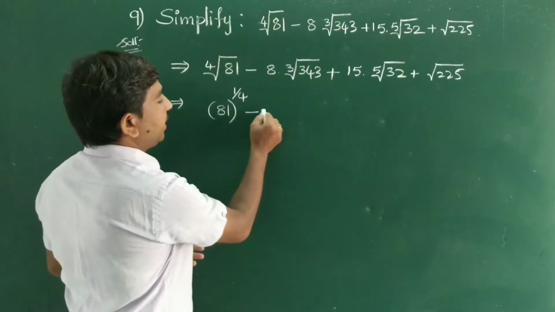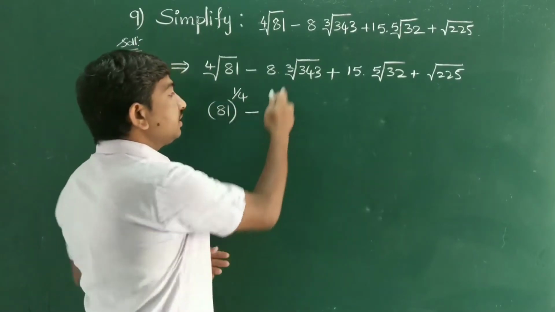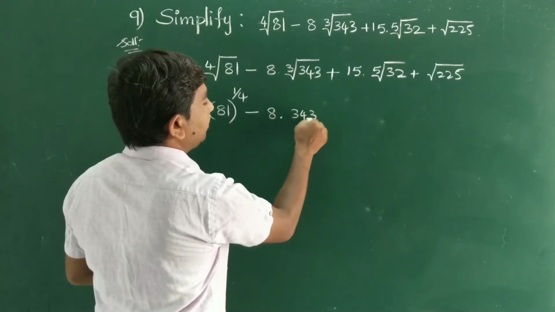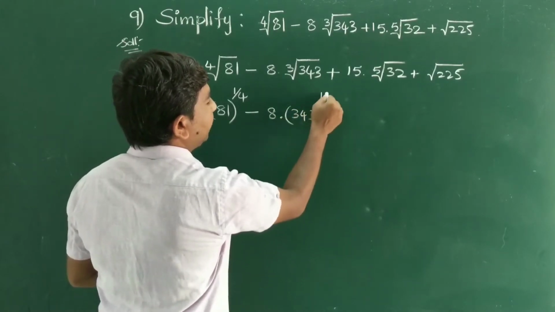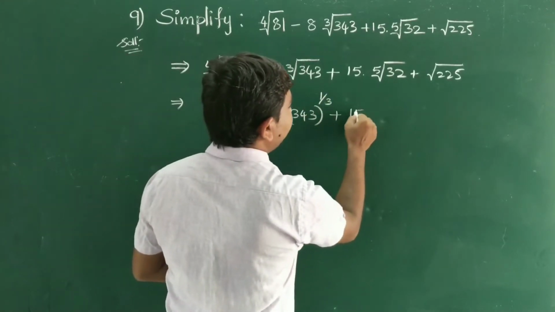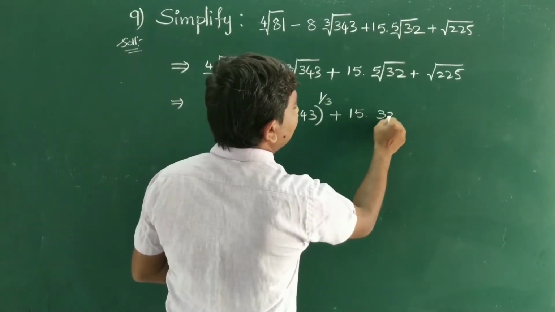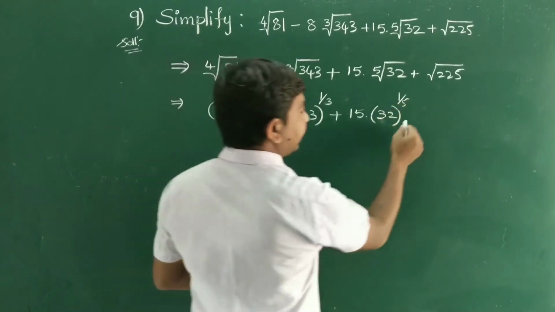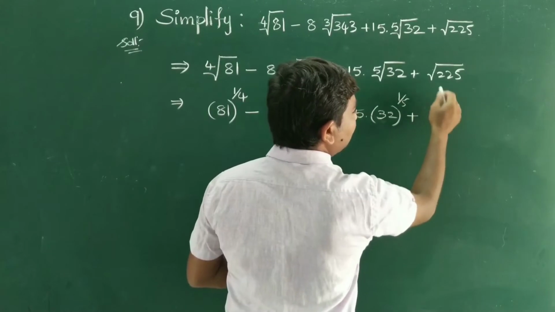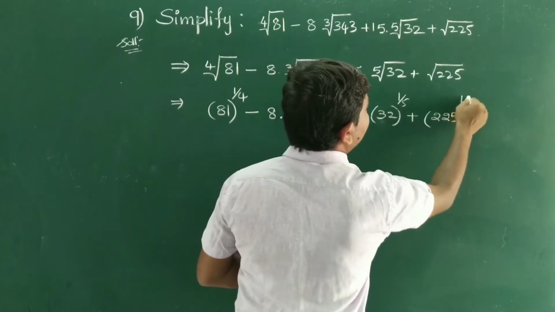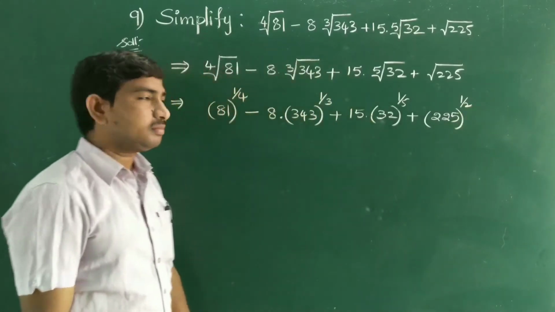In the same manner, minus 8 into this also you can write 343 whole power 1 by 3, this is the exponential form, and plus 15 into 32 whole power 1 by 5, and next, root 225 can be written as 225 whole power 1 by 2 in the exponential form.